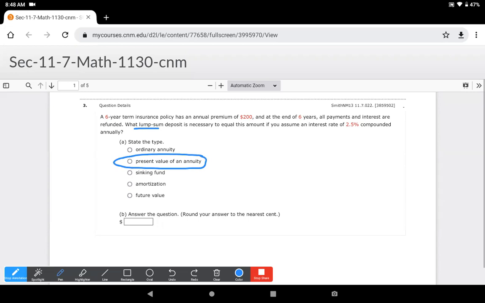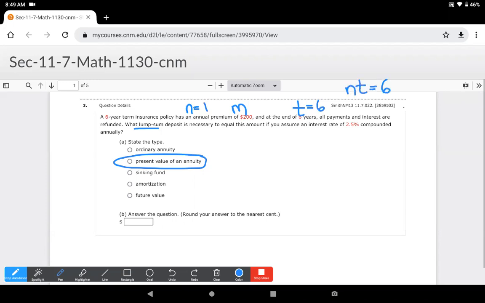Let's see, we have an M. This time we have a regular payment and we have a T of 6 years. We're told that it's annually, so we have a 1. We also will need an NT.